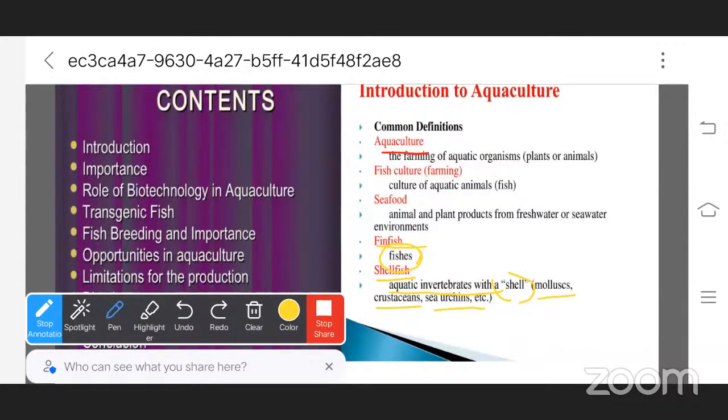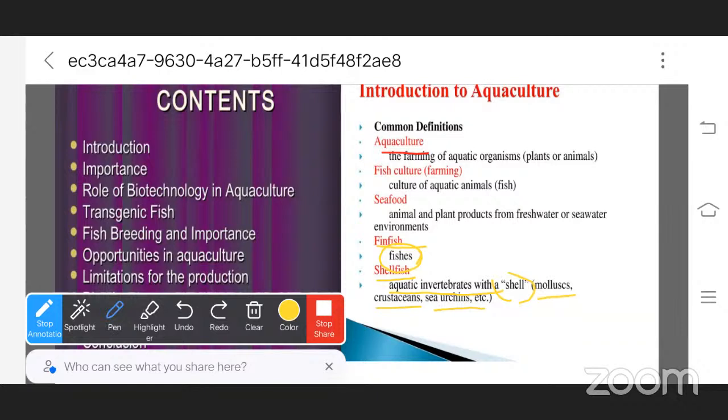So these different types of animals are reared, farmed, developed and cultured in their own media, their habitat only, which is known as aquaculture. And in the Indian freshwater aquaculture system, which nowadays acts as an industry.